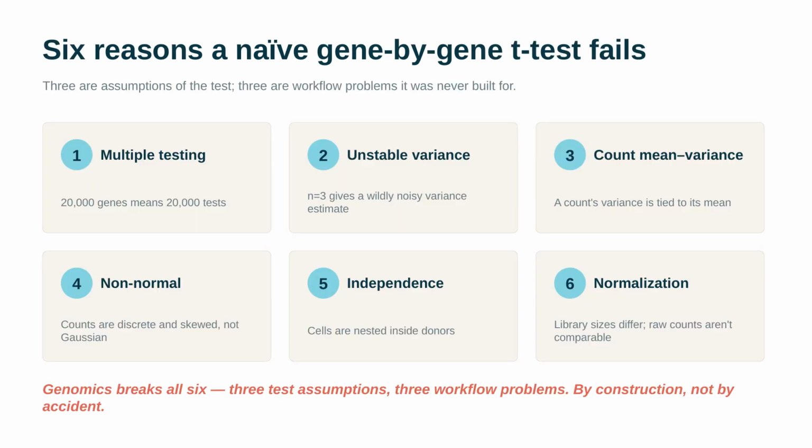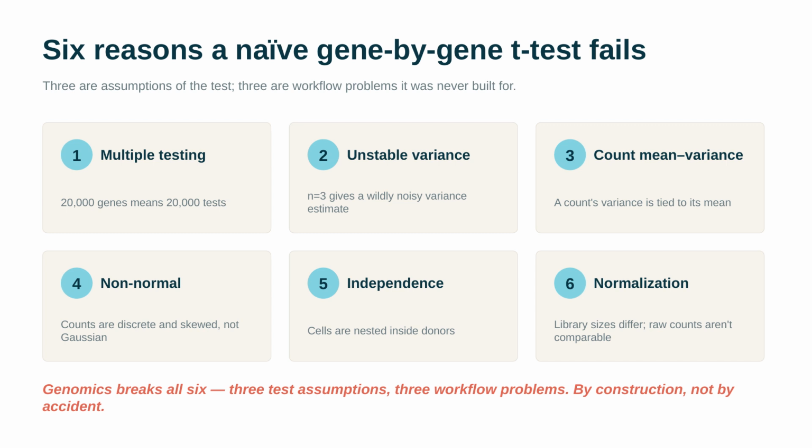For that ratio to mean anything, several things have to hold, and it helps to separate 2 kinds. Some are genuine assumptions of the t-test itself, roughly normal residuals within each group, a variance you can actually estimate from your samples, and observations that are independent. Others are not assumptions of the test at all. They are properties of the genomics workflow that the t-test was never built to handle. You are testing 20,000 genes at once.